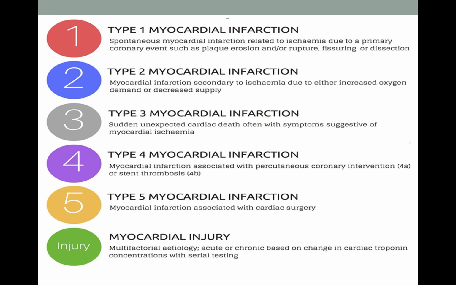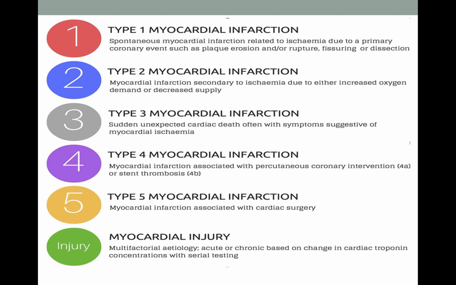The third type of MI would be sudden unexpected cardiac death. Usually the patient will come with symptoms of a typical MI chest pain, but the cardiac biomarkers were not sent in time, or were sent but not resulted yet, and the patient passed away before the cardiac troponins resulted.